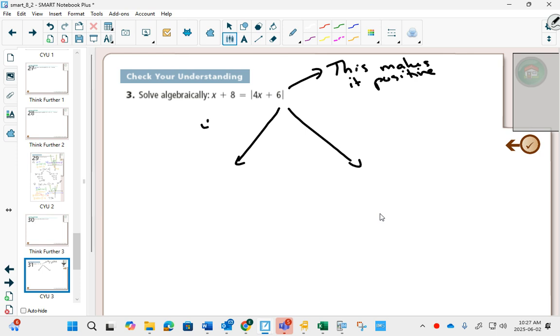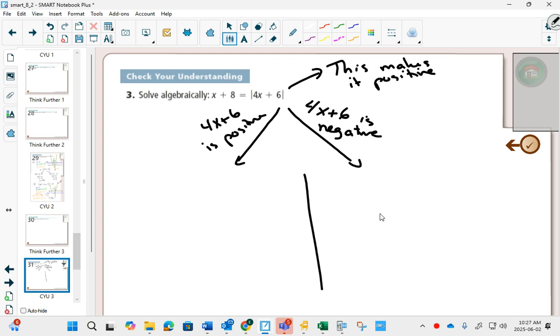We have the possibility that the 4x plus 6 is positive, and we have the possibility where the 4x plus 6 is negative. You don't have to write that for your notes right now, I think this is important. But when you show this on a quiz or a test, you can just draw your 2 arrows to set up your 2 equations. Sometimes I split them up with a line in between.